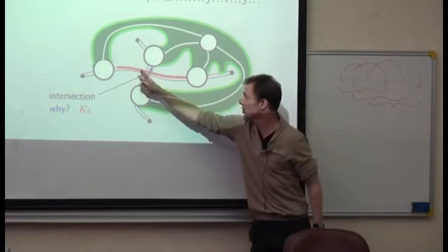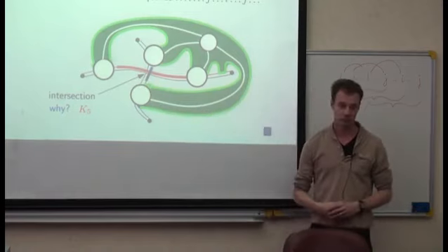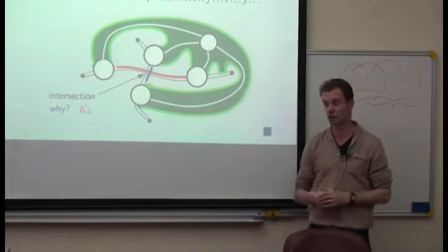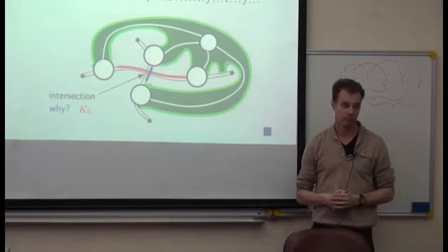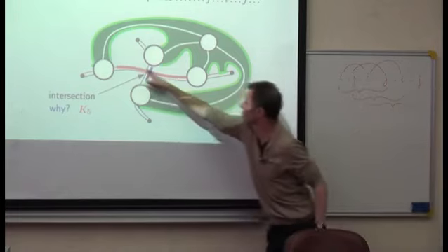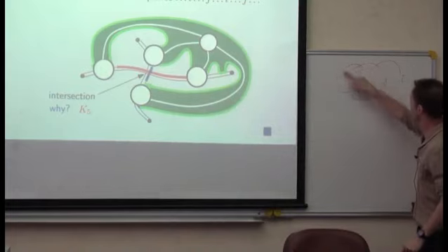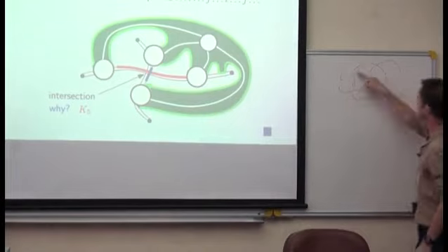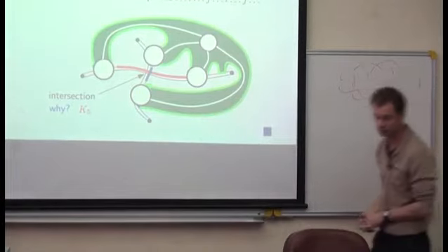So these two things must intersect. Okay, so no matter how you draw it, it doesn't matter, you must have an intersection. Okay, so indeed, this was the curve from here to here. From here to here. This is the curve from here to here, and they must intersect.